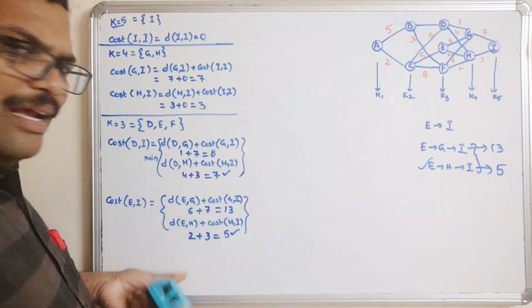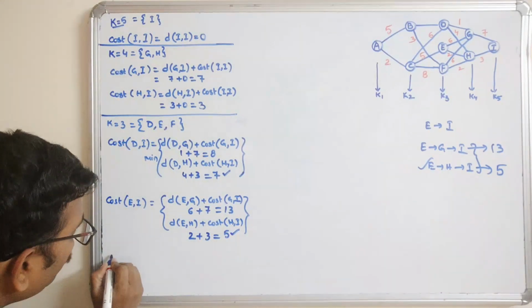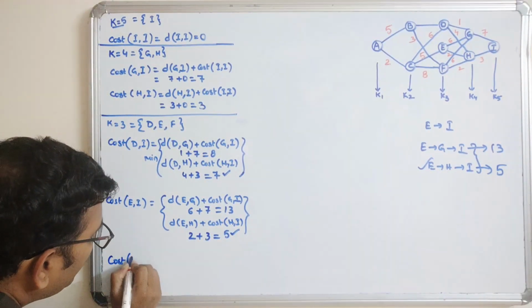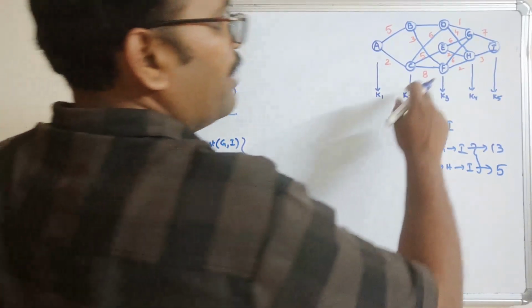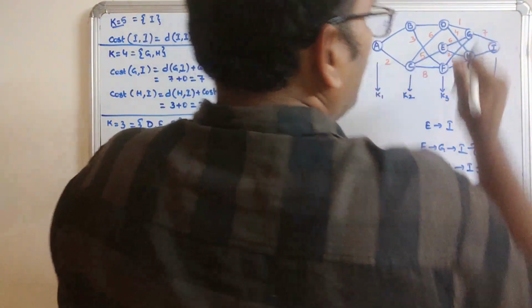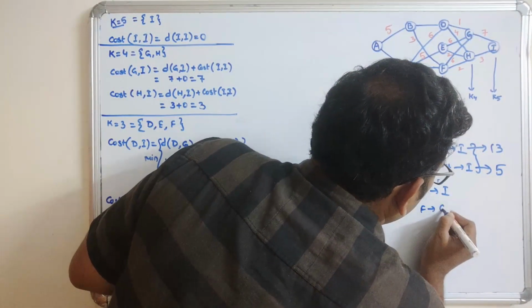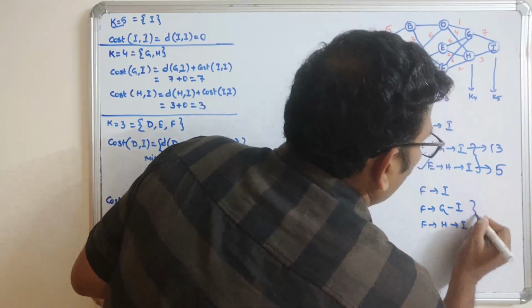Is there any other vertex in this particular stage? Yes, F. We need to find the cost F to I. Let us check how many edges are there from F. F to I, how many paths? You can check: F to G, G to I; similarly F to H, H to I. Two paths are there.